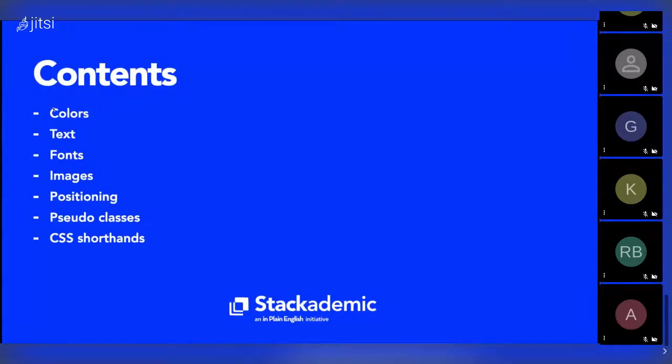And then we'll also cover all of the different ways that you can color something, how to manipulate text, how to add things such as custom fonts, and maybe even some best practices involving that. We'll spend a bit of time talking about images. We'll spend a bit of time looking at positioning of elements, something called pseudo classes, which you can think of as state in a way.